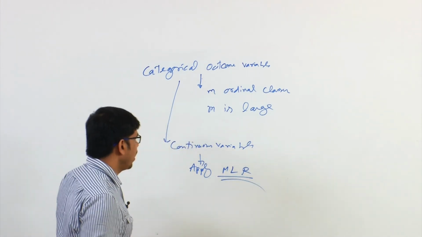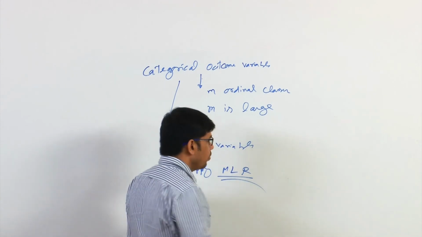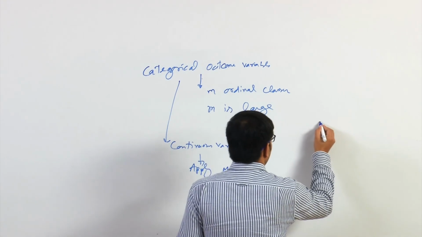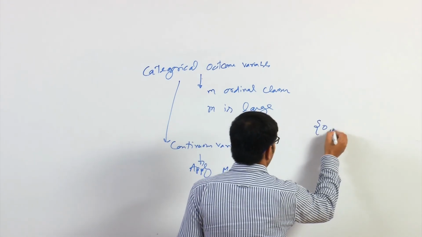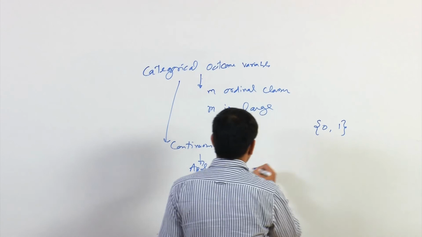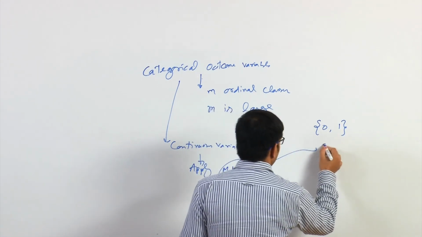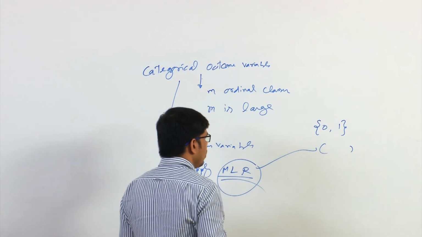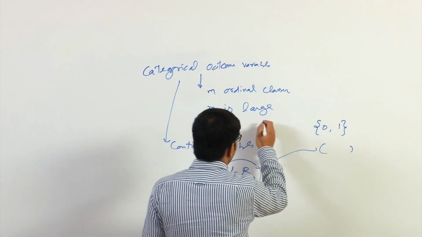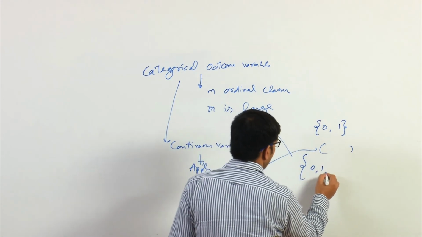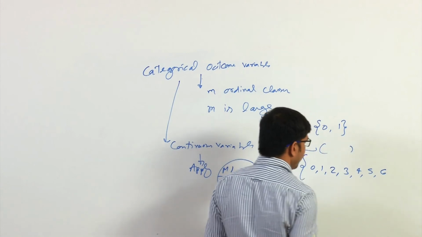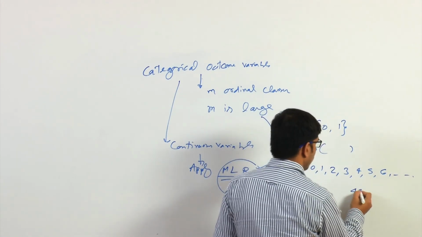Multiple linear regression can be applied, and one justification for this is, as we talked about earlier, that in the binary situation we have just two values for a categorical variable, while the predicted values using MLR can range anywhere, any real value. That was the one main problem there. But when m is large, the set of values could be many more. If there are 50 groups, let's say, we can go on up to that.